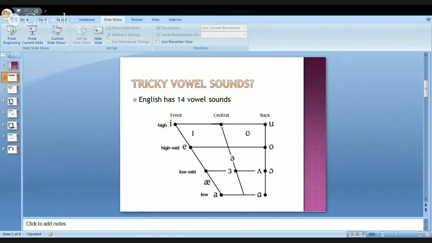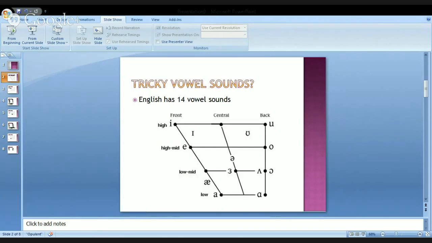All right. So like I said, we're going to talk about the front vowel sounds, and this funny looking thing right here is just a representation of all of the vowels in English. We can see we have 1, 2, 3, 4, 5, 6, 7, 8, 9, 10, 11, 12, 13, 14. We're going to focus on the ones right here.